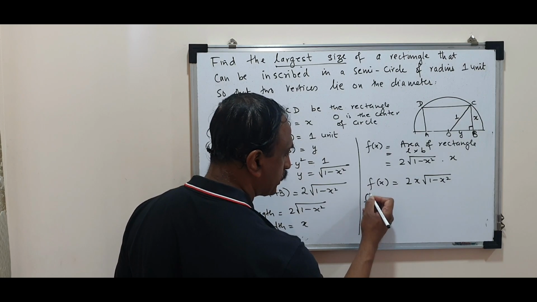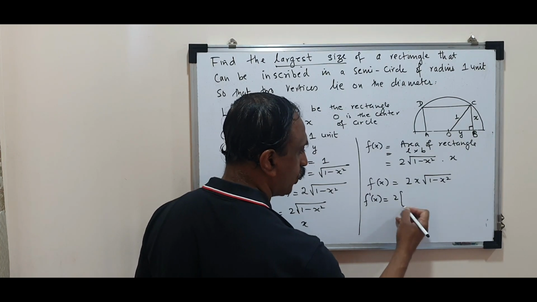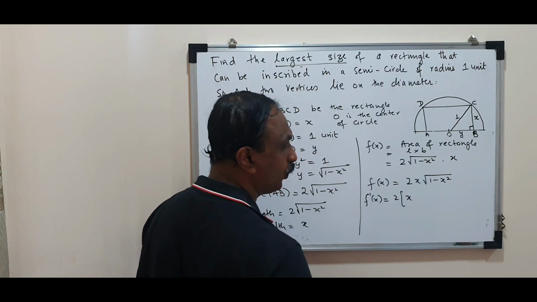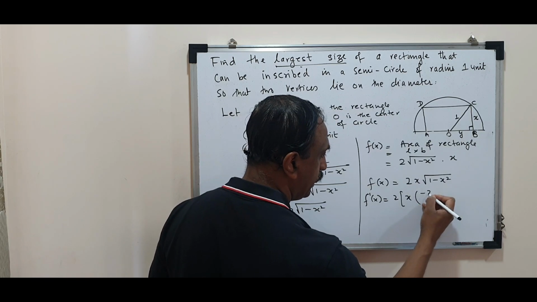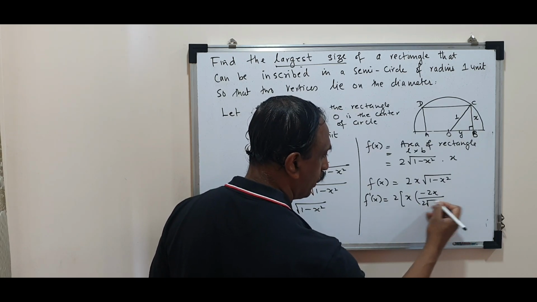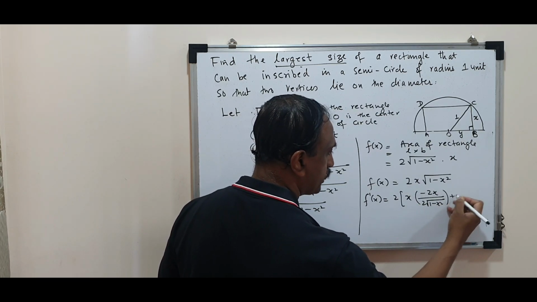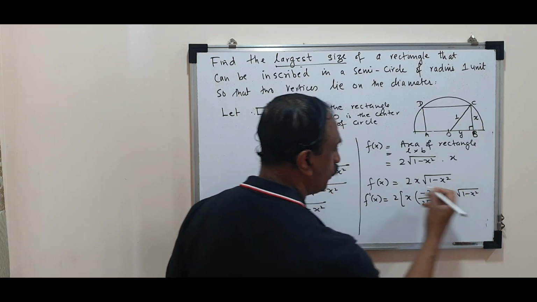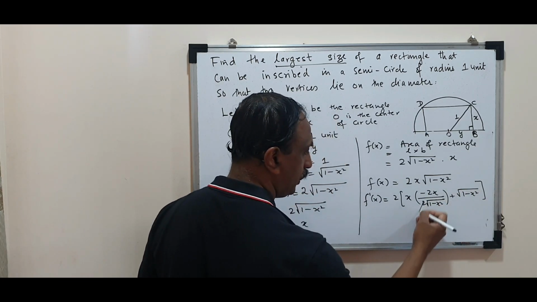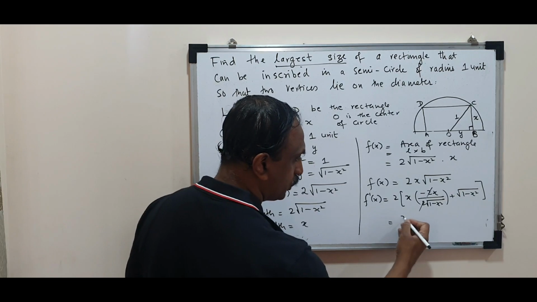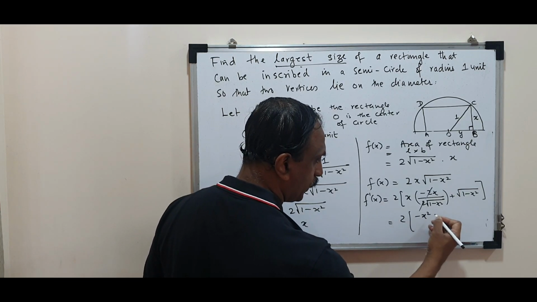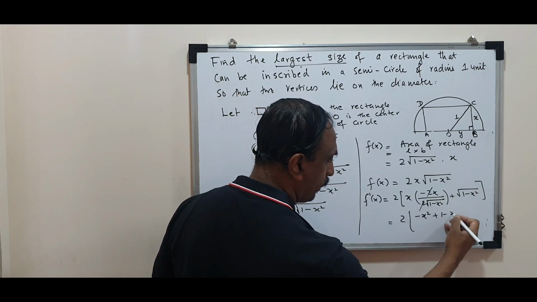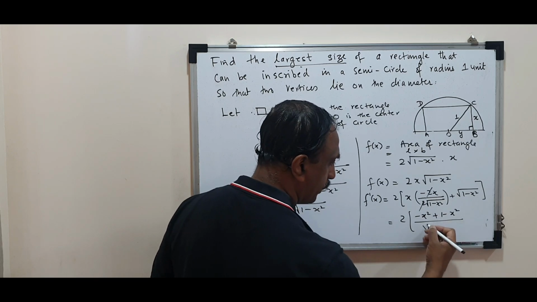So f dash of x I will be taking as 2 is common. x into derivative of root 1 minus x square, I'm writing directly, minus 2x upon 2 root 1 minus x square, plus root of 1 minus x square into derivative of x. So this will get cancelled. So 2 into minus x square, take the LCM, plus 1 minus x square upon root of 1 minus x square.